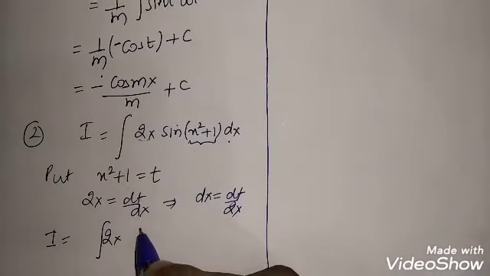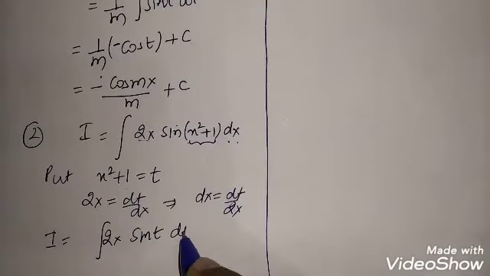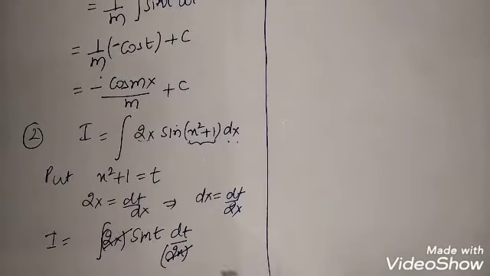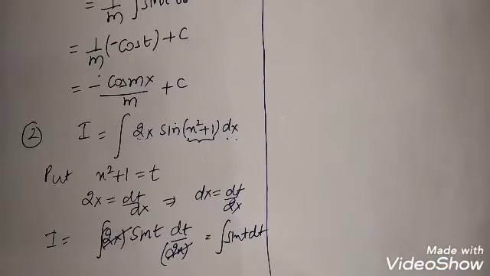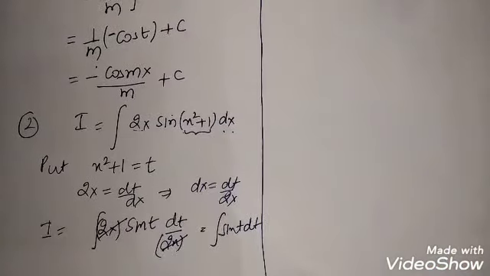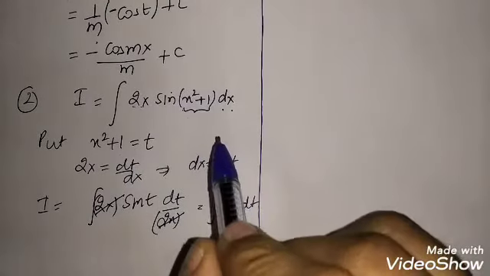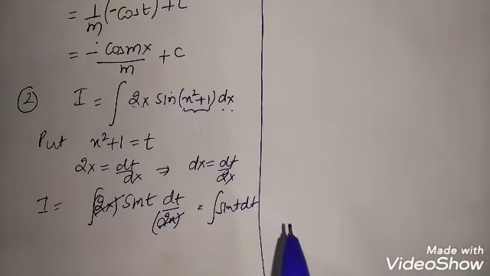So this is sine t. The value of dx is dt upon 2x. 2x and 2x will be cancelled for sure. This becomes integration of sine t dt. It's quite easy. After substituting the value of x square plus 1 and dx, if the integral is in t only, then your answer is correct.